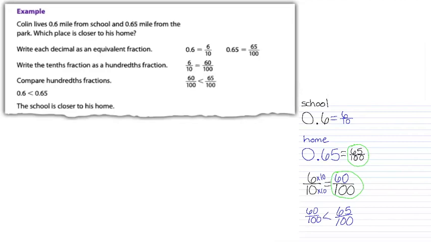You'll write your greater than sign open to the right. This will read that 60/100ths is less than 65/100ths, or you can also read it as 65/100ths is greater than 60/100ths. Now you'll continue to answer questions 1 through 6 using this information to solve the problems.